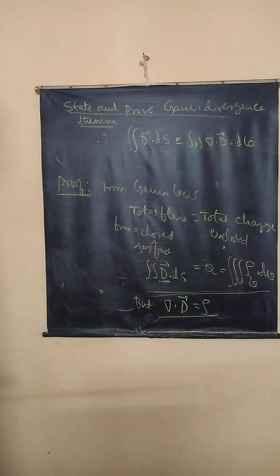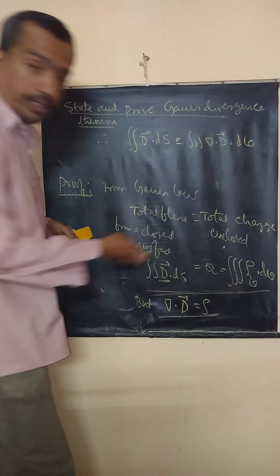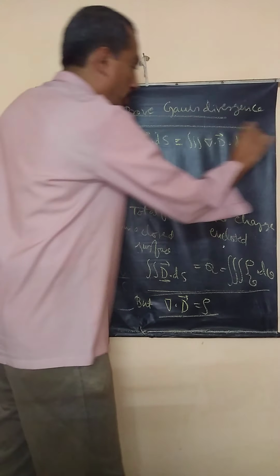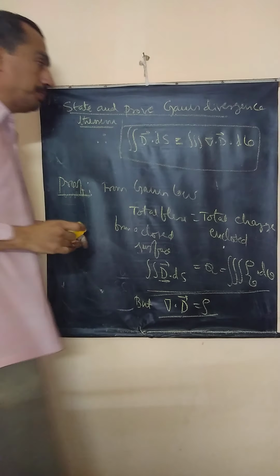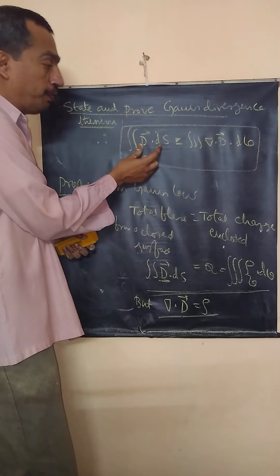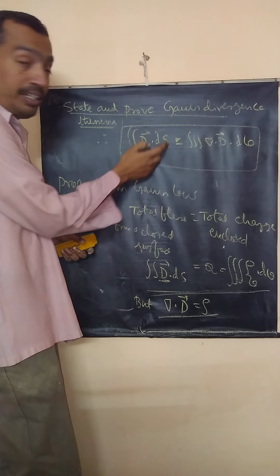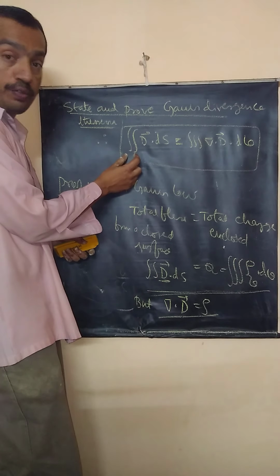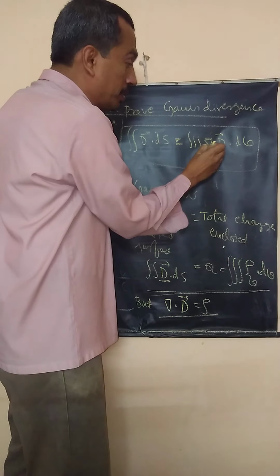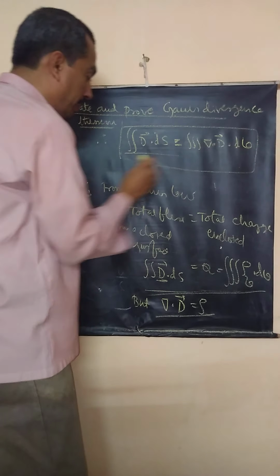Please understand this. This is Gauss law. Now for rho I am substituting this. So we got this. Look at this. Observe this. Total flux from a closed surface, or the surface integral of a vector over a closed surface, is equal to the divergence of the vector over the volume. So what is the left hand side?